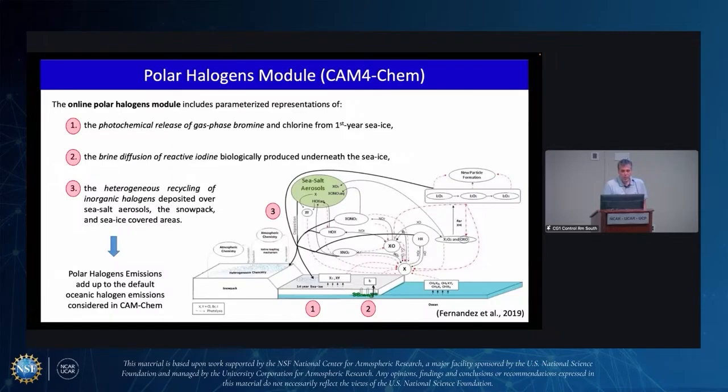And the third process is once all these species are emitted to the atmosphere and partitioned between all the halogen reservoirs and reactive species, they can be trapped by sea salt aerosols or deposit over the snowpack, and then they can photochemically recycle. This adds to what we normally call our halogen emissions, which consider basically only oceanic emissions of halocarbons and molecular iodine.